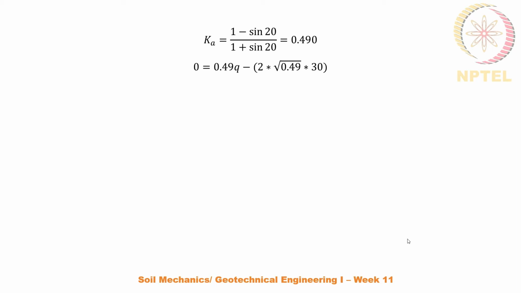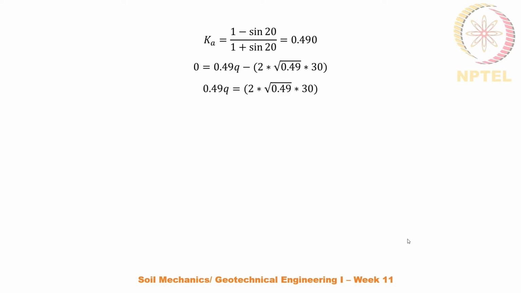Substituting back in the previous equation for the active earth pressure at Z equal to 0, we have 0.49Q minus 2C root Ka. So substituting for Ka, we have 2 into 30 into root 0.49.